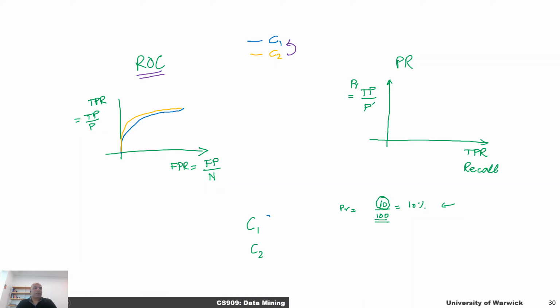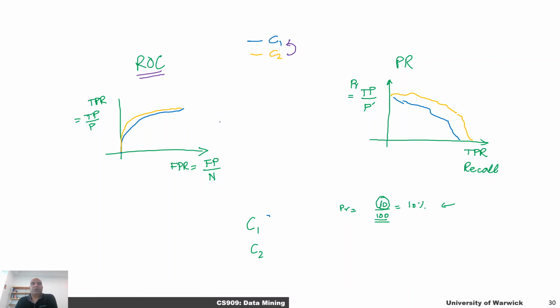So the corresponding PR curve for the classifier C2 is always going to give you better precision recall curves in comparison to C1, right? So that's the point that you need to understand. Okay, so it's going to dominate. It's going to be better than the other curve, right?